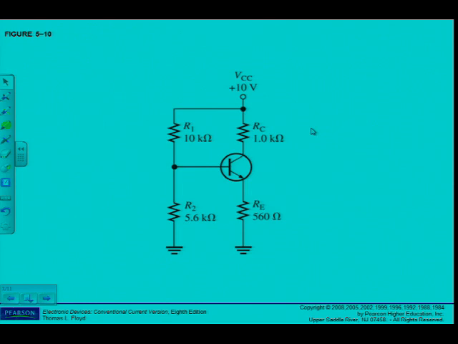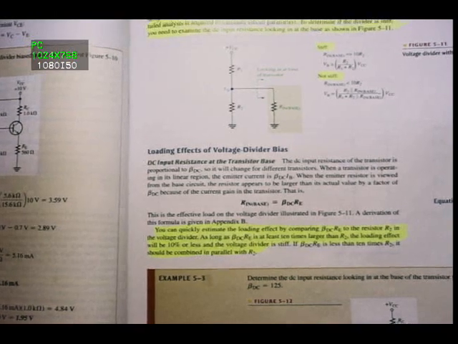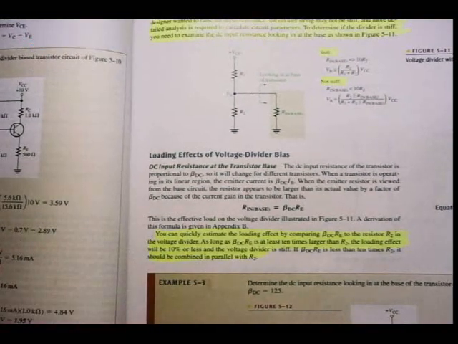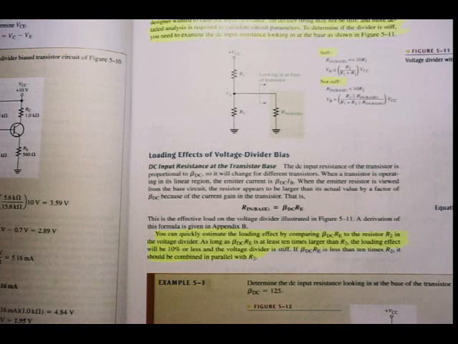So what is going to happen here? If we go back to our textbooks, figure 5.11 there. Figure 5.11, voltage divider with a load. You can mark there as I did.